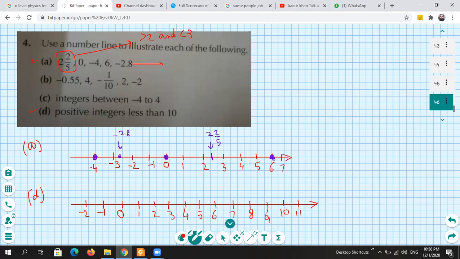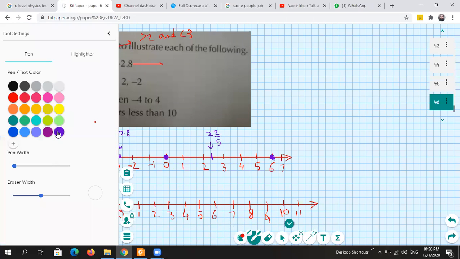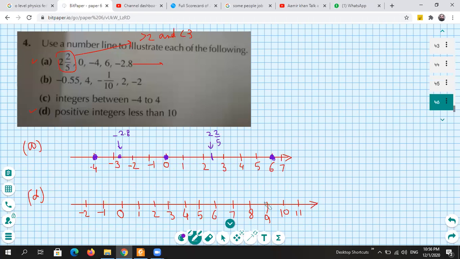Positive integers less than 10. It means 10 is not included in this list. So which numbers are less than 10? It is obviously the positive integers 9, then 8, then 7, then 6, 5, 4, 3, 2, 1, and we know that 0 is not a positive integer.